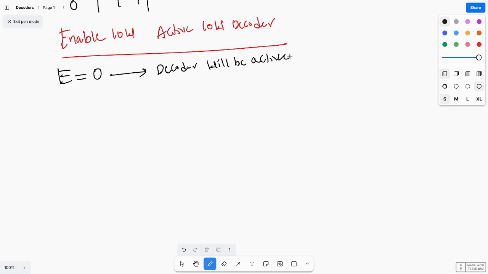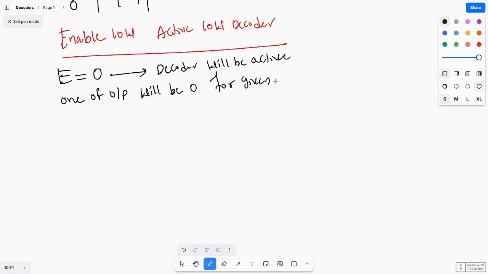At a time, any one of the outputs will be 0 for a given combination. For a given combination, any one of the outputs will be active low.